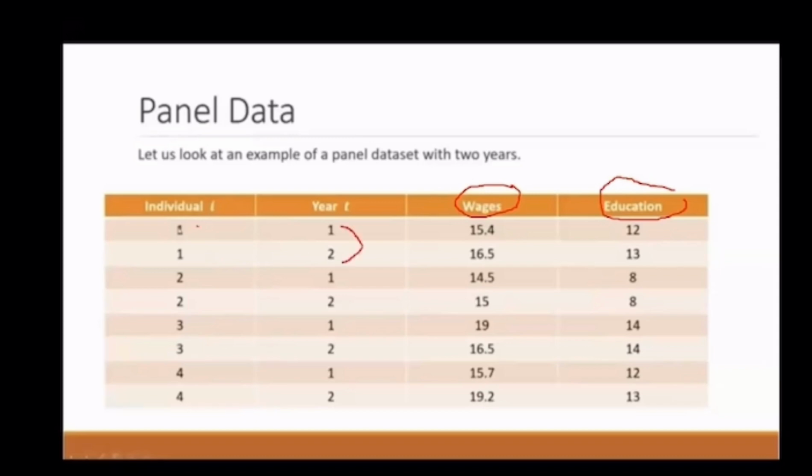This is individual number one. We have information about the wages for year one and year two. We also have the years of education for that same individual.